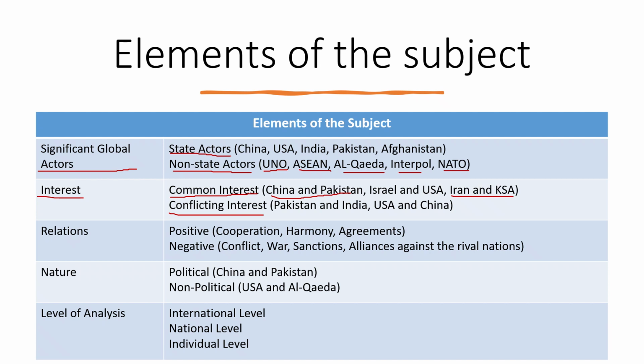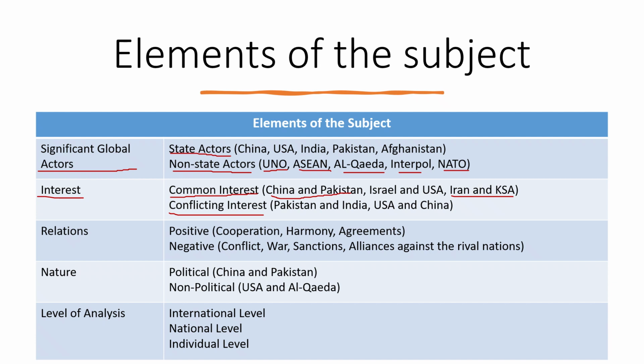But there is also a possibility that some states have conflicting interest. For example, Pakistan and India. Pakistan and India these days specifically do not have common interest, but they have conflicting interest. USA and China, the two superpowers of the world, these days have conflicting interest.